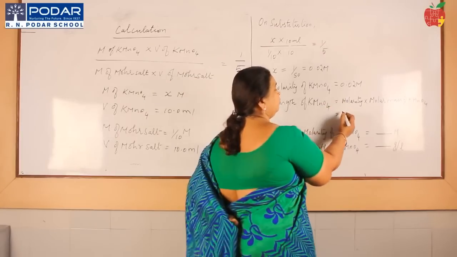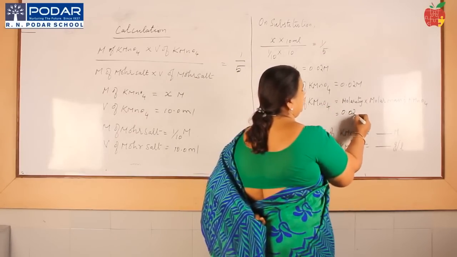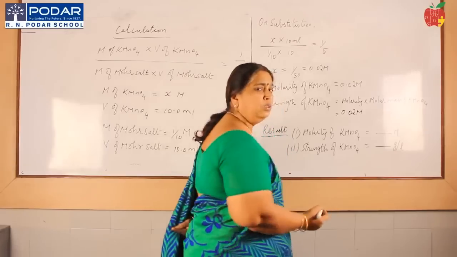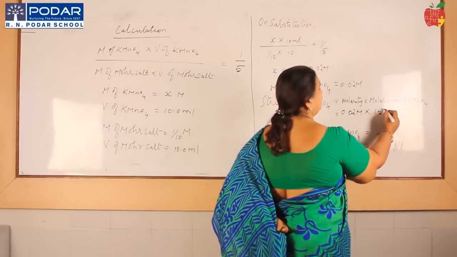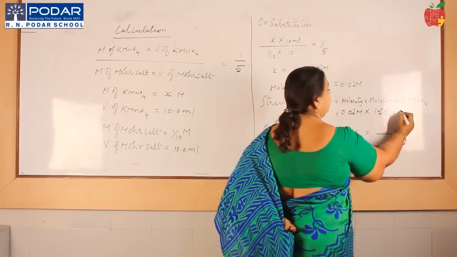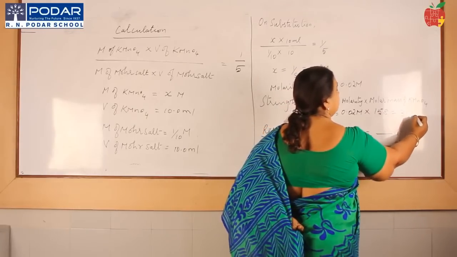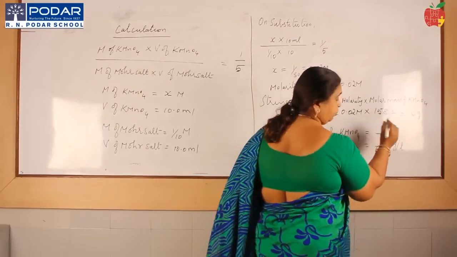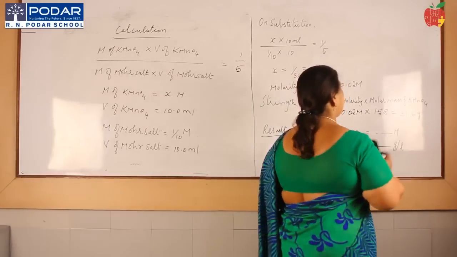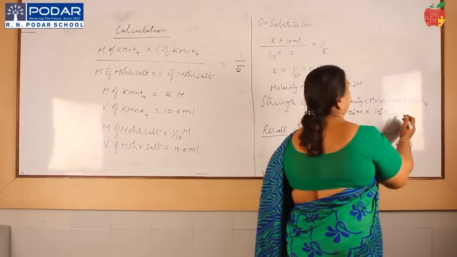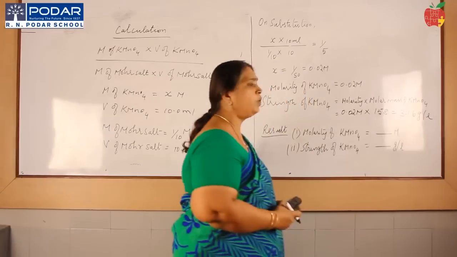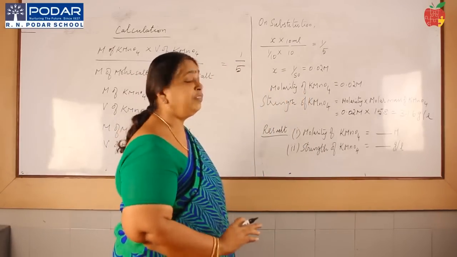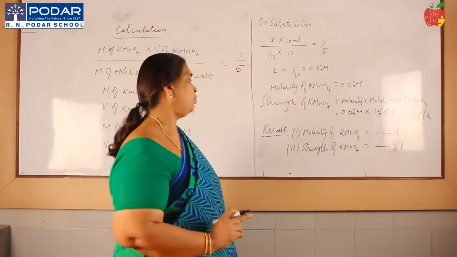According to this, whatever values I got by taking 10 as my value. So 0.02 molar into molar mass of KMnO4 is 158, which comes up to 3.16 grams per liter. Okay, 3.16 grams per liter. So 0.02 molar into 158 equals 3.16 grams per liter.